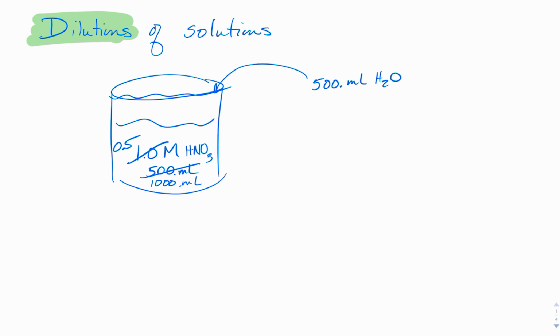That means C2 is equal to 0.125 molar. So our new concentration of our diluted solution of iron 3 nitrate is 0.125 molar. So a pretty simple problem here. Let's try one more.